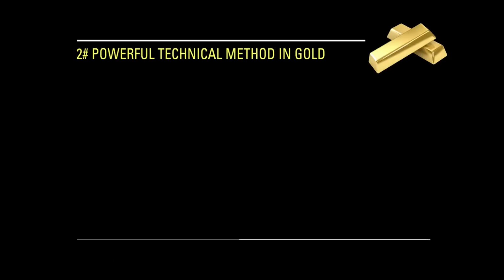Next one is a powerful technical method in gold. As I said, technicals like support and resistance work very well in gold, like supply zone, demand zone, order blocks, breakouts, retest. There is one method of trading gold, especially for swing traders.